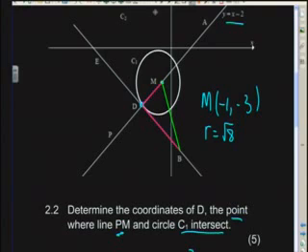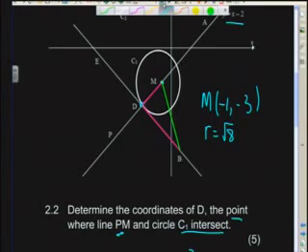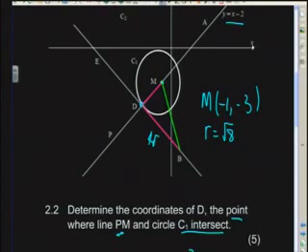Okay, so you can all see that quite clearly now. Let's just mark on this diagram what we have. So we know that DB, they told us, is 4 root 2. We know that MD was root 8. They want us to find MB. Okay, guys.